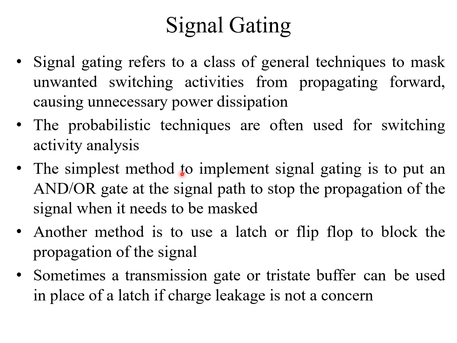The simplest method to implement signal gating is to put an AND or OR gate in the signal path to stop the propagation of the signal when it needs to be masked. Another method is to use a latch or flip-flop to block the propagation of the signal. Sometimes a transmission gate or tri-state buffer can be used in place of a latch if charge leakage is not a concern.